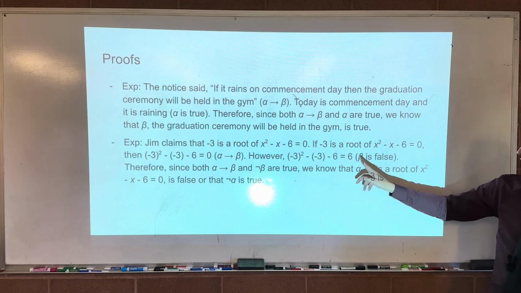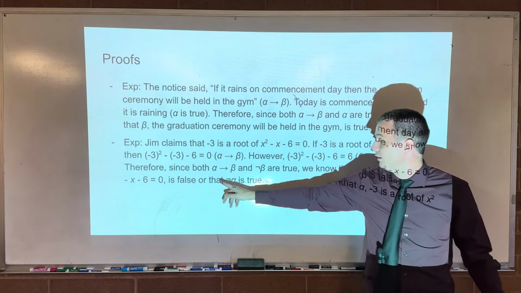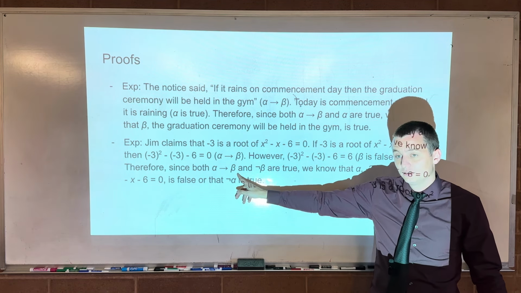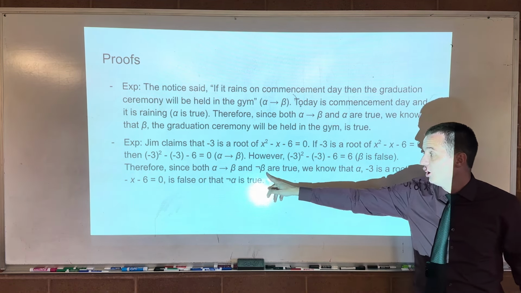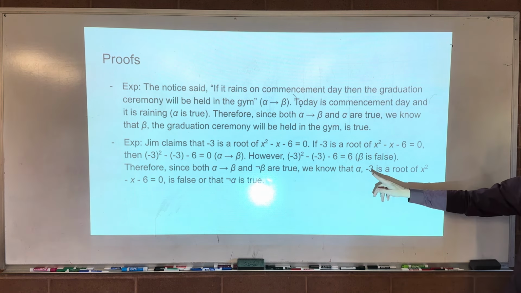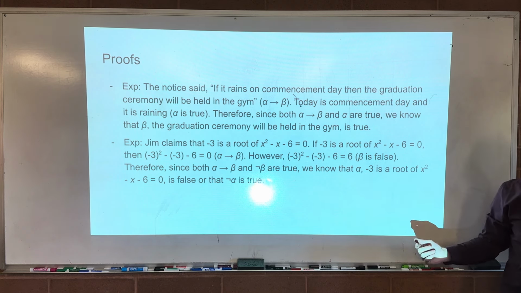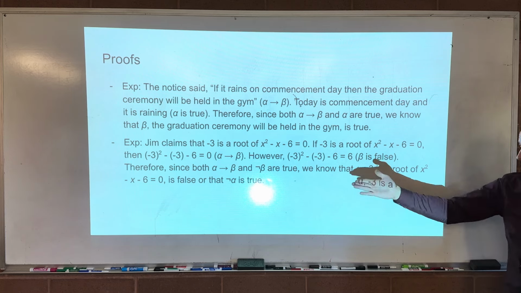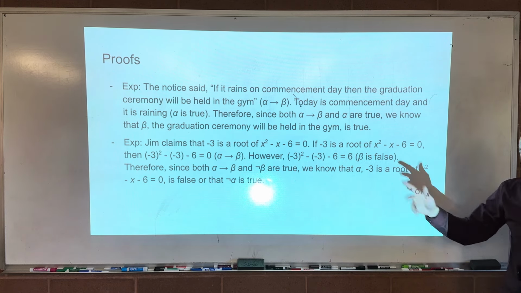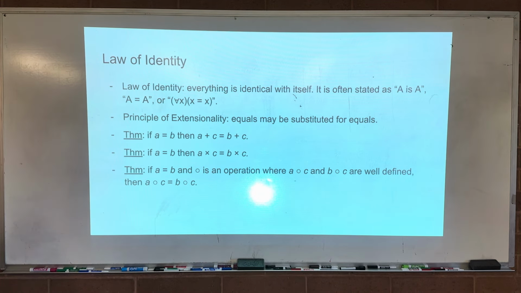So it's not 0. So beta is false. Therefore, Jim is wrong. Since both alpha implies beta and not beta are true, we know that alpha, negative 3 is a root of x squared minus x minus 6, is false. Or in other words, that not alpha is true. So there's an example with each of those. Okay.